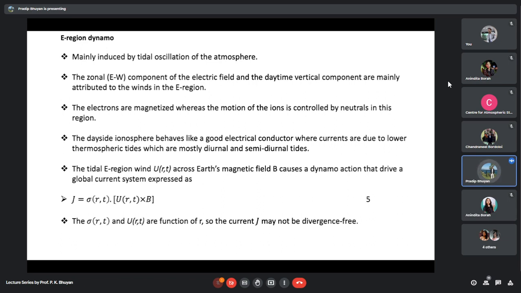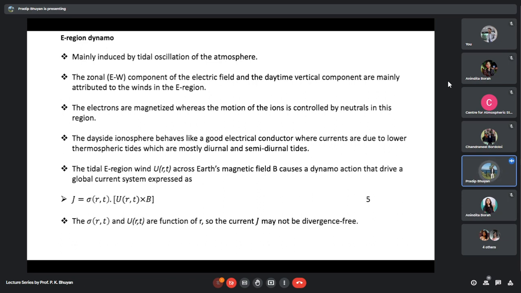Near the surface or within the lower troposphere, you have water vapor, which absorbs the solar radiation. In the stratosphere, ozone absorbs the solar radiation. In the thermosphere, E and F region or so, O2 and N2, the neutral molecules, absorb the solar radiation. So there is a heat difference.